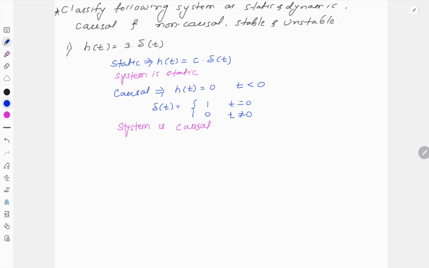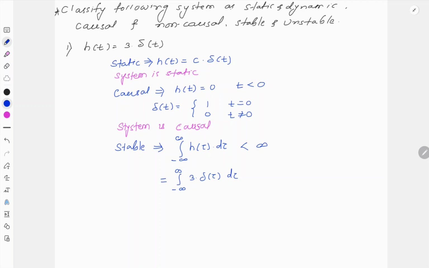Now, the next classification is for stability, and for a system to be stable, we have the condition that the integration from minus infinity to plus infinity of h of tau d tau should be less than infinity. So if we substitute the values of the given h of t in this integration, it becomes 3 into delta tau d tau.